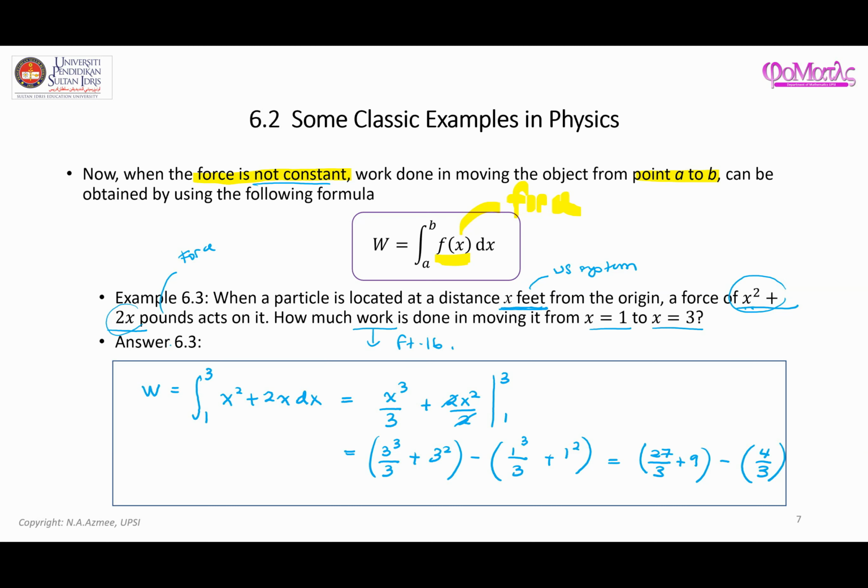Okay, so you will have 18 minus 4 over 3, and that is equal to 50 over 3, where the unit is going to be foot-pound. Okay.